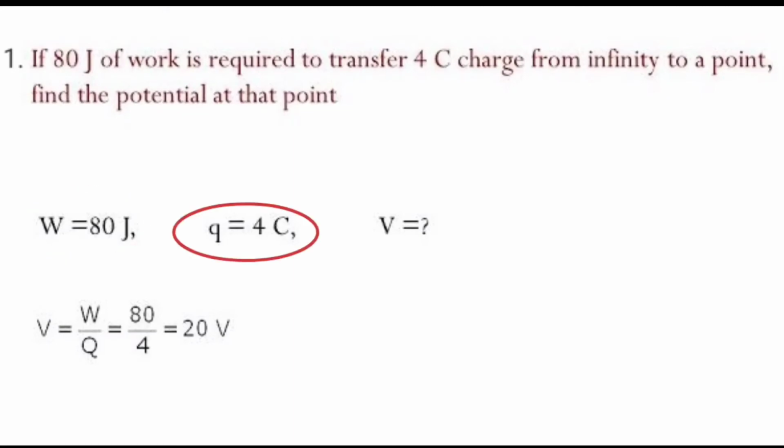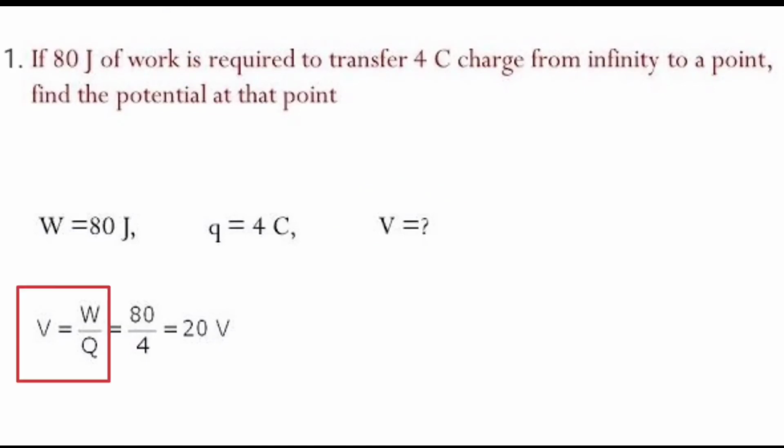Charge is equal to 4 coulomb. We need to calculate electric potential. We know the formula for electric potential, that is V is equal to W by Q. So if you substitute 80 in the place of W and 4 coulomb in the place of charge, you will get 20 volt.